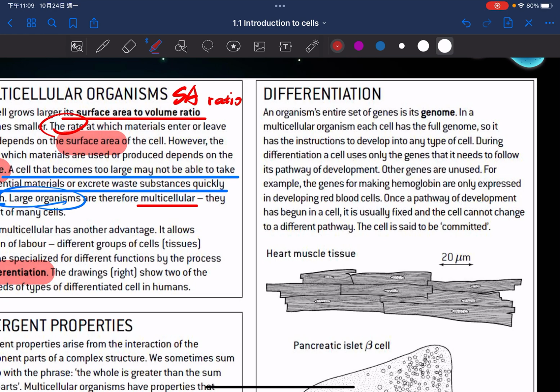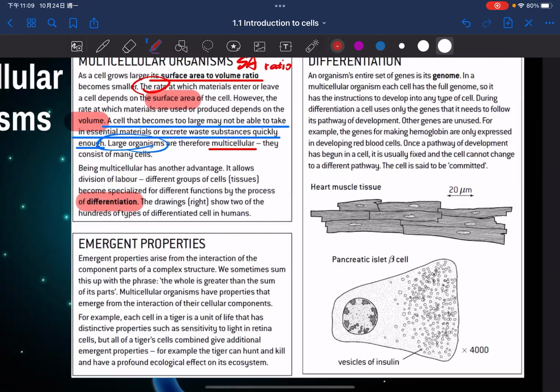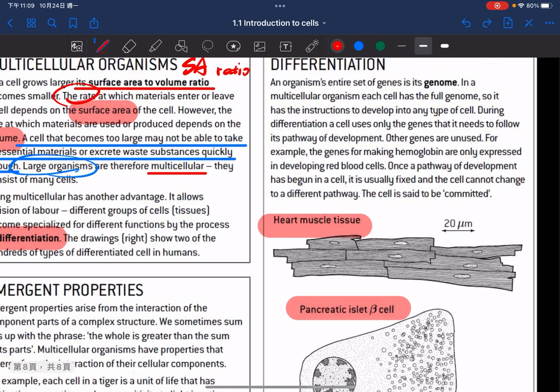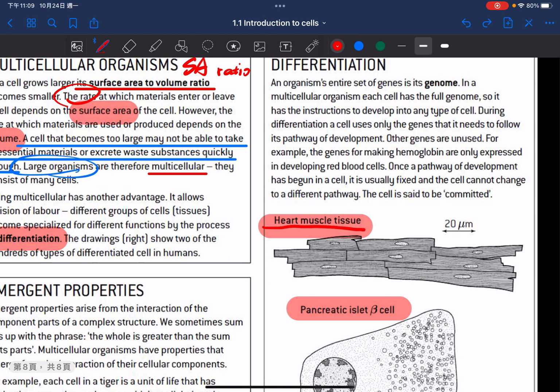Just like you see here, the first is the heart muscle tissue and the pancreatic islet beta cell. I wish that you can check on the internet the heart muscle tissue. Actually, we can use other words to describe it more specifically.